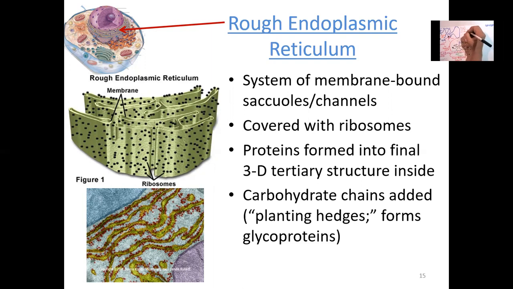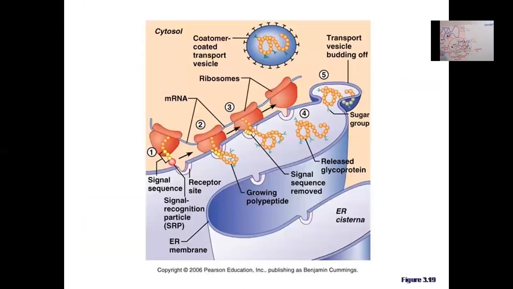So the carbohydrates are attached if that is the destiny of this particular protein. When I first learned this, it was described to me as kind of like planting hedges, right? So planting like bushes in your front yard, just unruly bushes, just lots and lots of carbs attached to the existing proteins. Okay, to be continued.